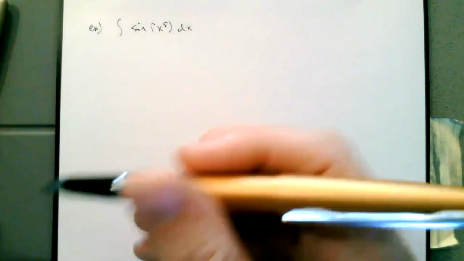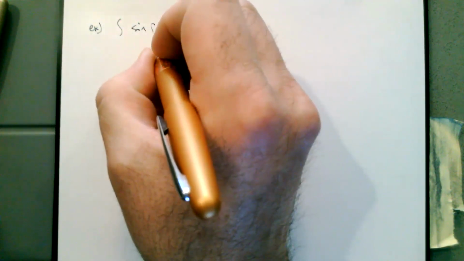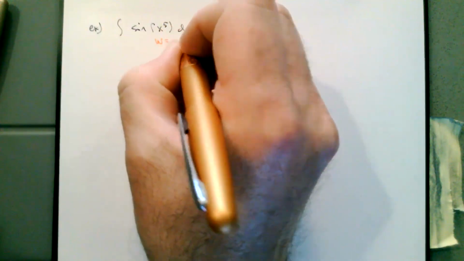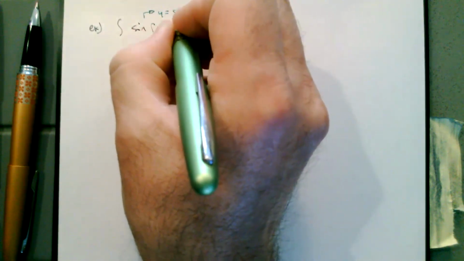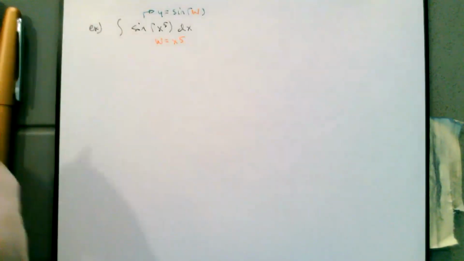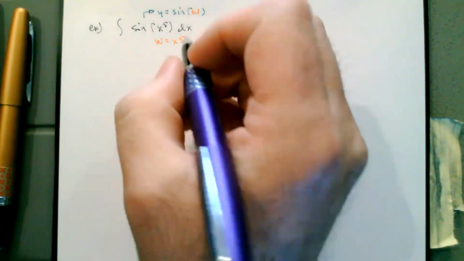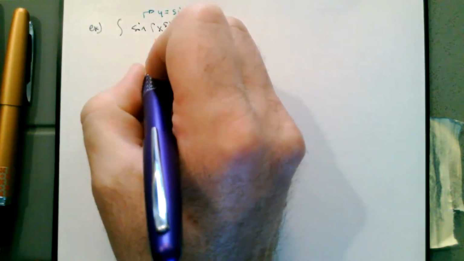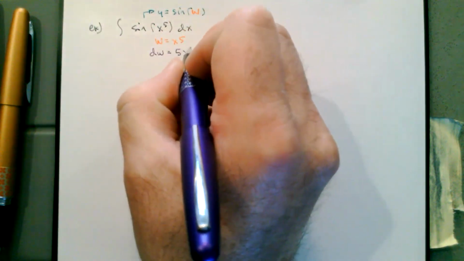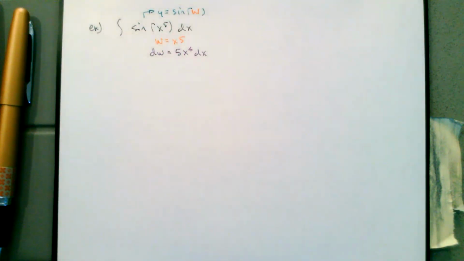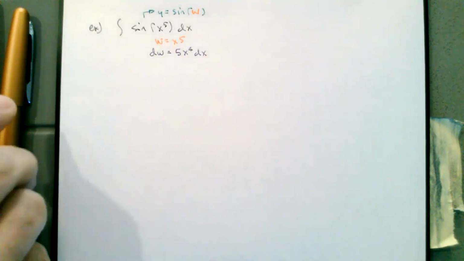If we make the substitution w is x to the 5th, and imagine that x to the 5th is in y equals sine of w, when we get to the next parts, when we look for dw, dw is 5x to the 4th dx. I don't have a factor of x to the 4th to be the dw, so this substitution, w equals x to the 5th, will not work.